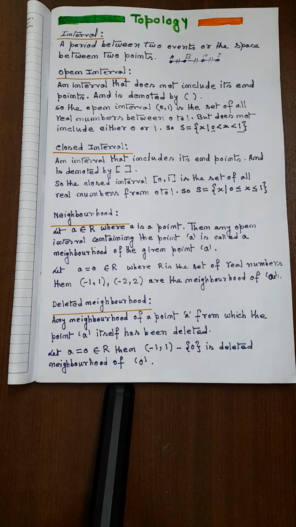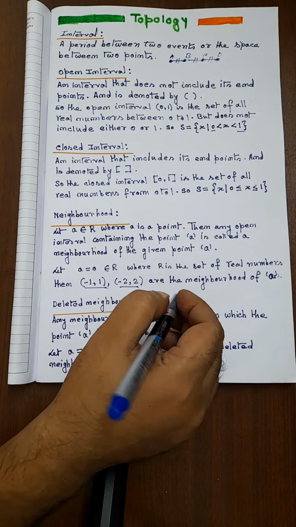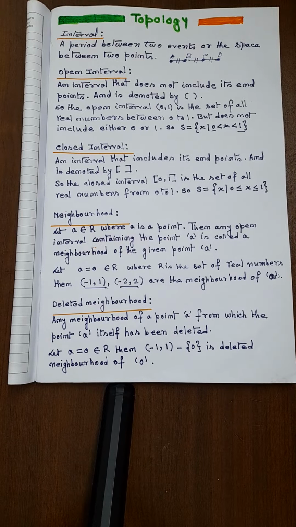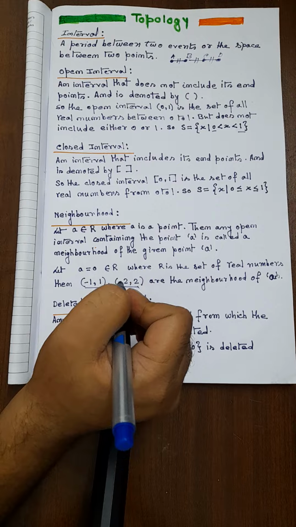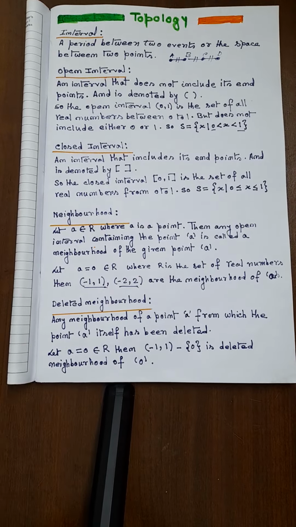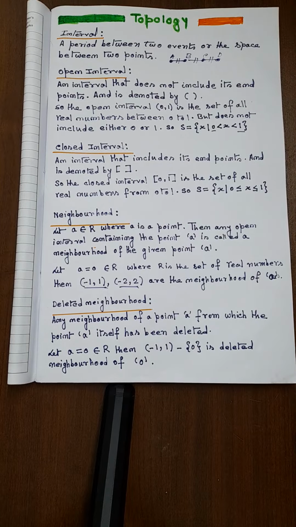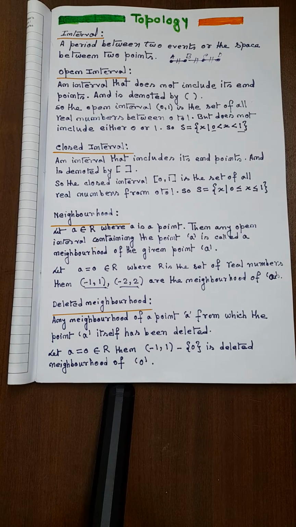Then we can say that (-1, 1), (-2, 2) are neighborhoods of 0, because 0 will lie between -1 and 1, between -2 and 2, even between -3 and 3, -4 and 4 and so on, right? So you can say these are the neighborhoods of A, if A equals 0.